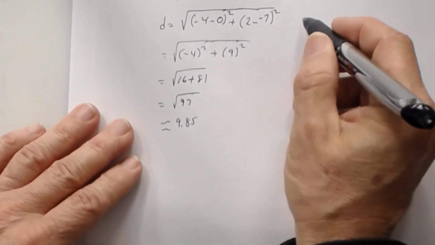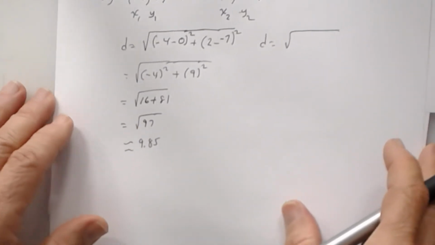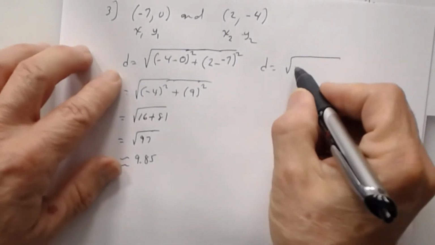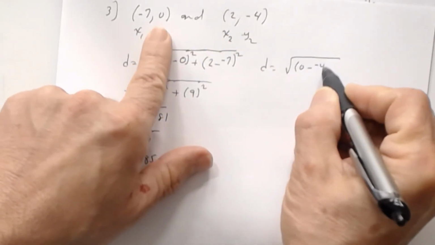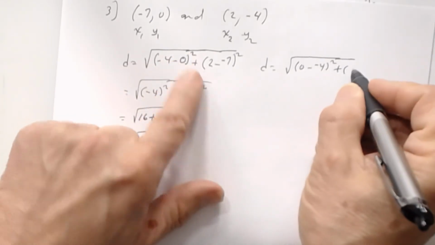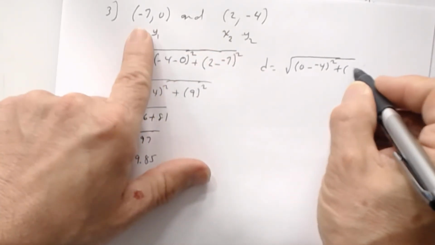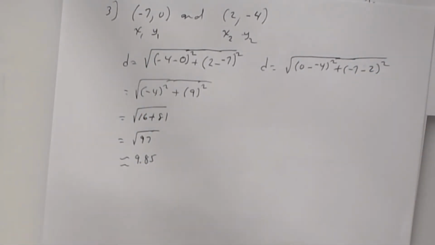Now, I just wanted to show you that if you had changed the order of the coordinates, it wouldn't matter. We could have said 0 subtract a negative 4 squared, and then we could have also said negative 7 subtract 2 squared. The order in which you subtract them doesn't matter because you're squaring. Whether it's positive or negative, when you square, it's going to end up being positive.